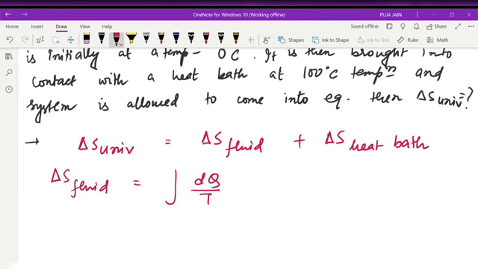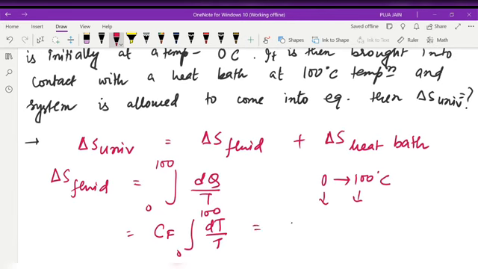T is changing from 0 degree Celsius to 100 degree Celsius, so we will convert this into Kelvin. dq by T, now dq is what? Here they have said Cf, heat capacity, so Cf dT by T, 0 to 100, then Cf ln T2 by T1.